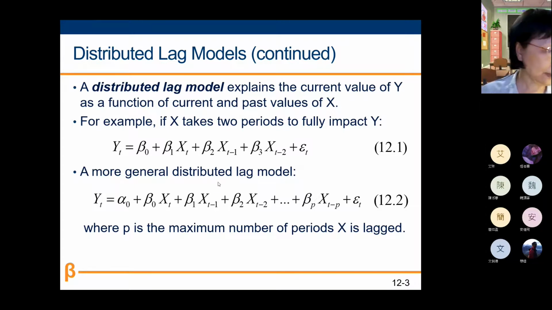Can anyone answer the question? Remember, we learned this before. These are the same X variables, just with different time lags. Any problems pop into your mind?